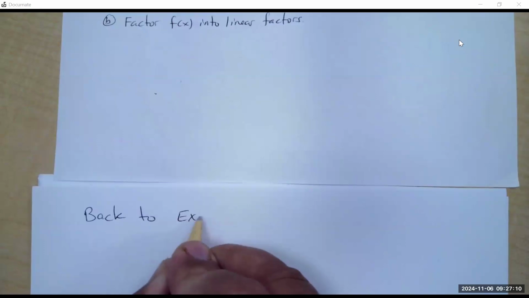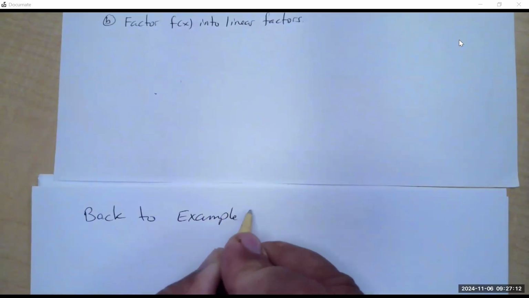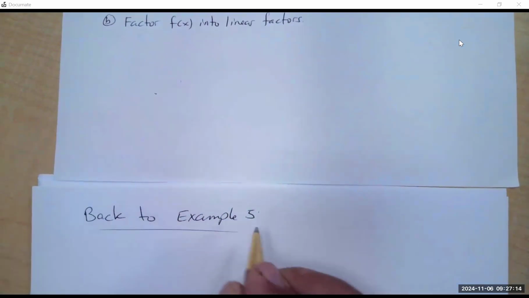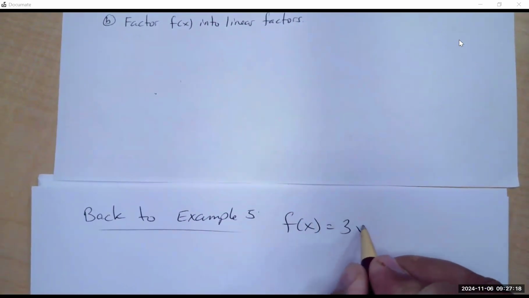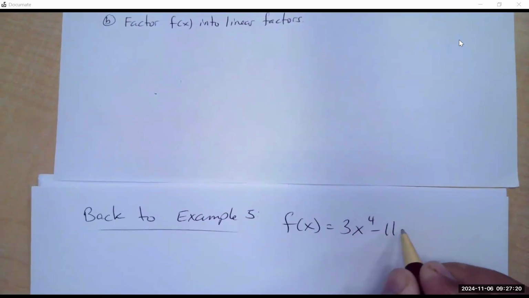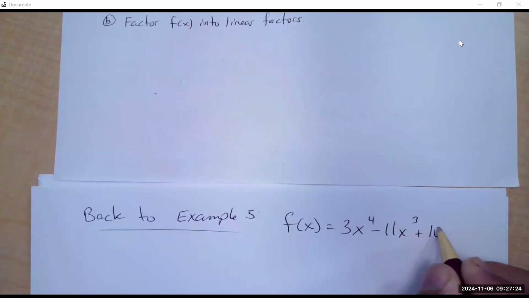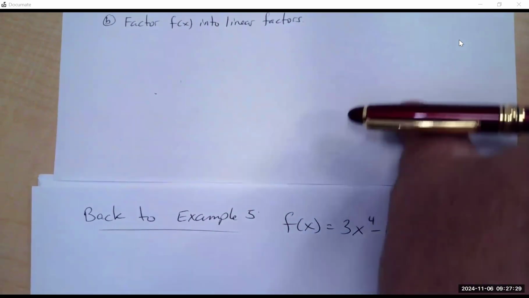Back to example 5. Three x to the fourth minus 11x cubed plus 10x minus 4.